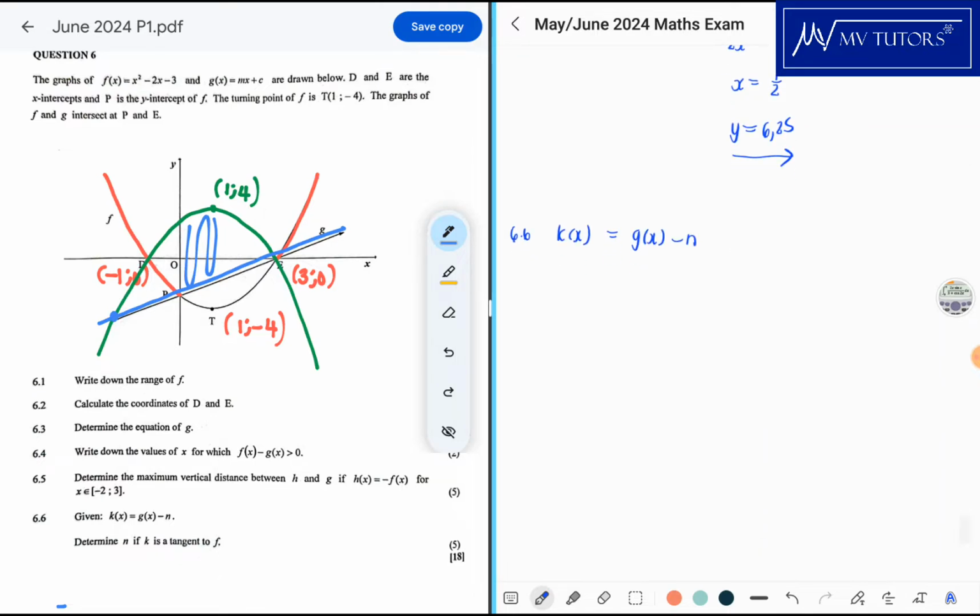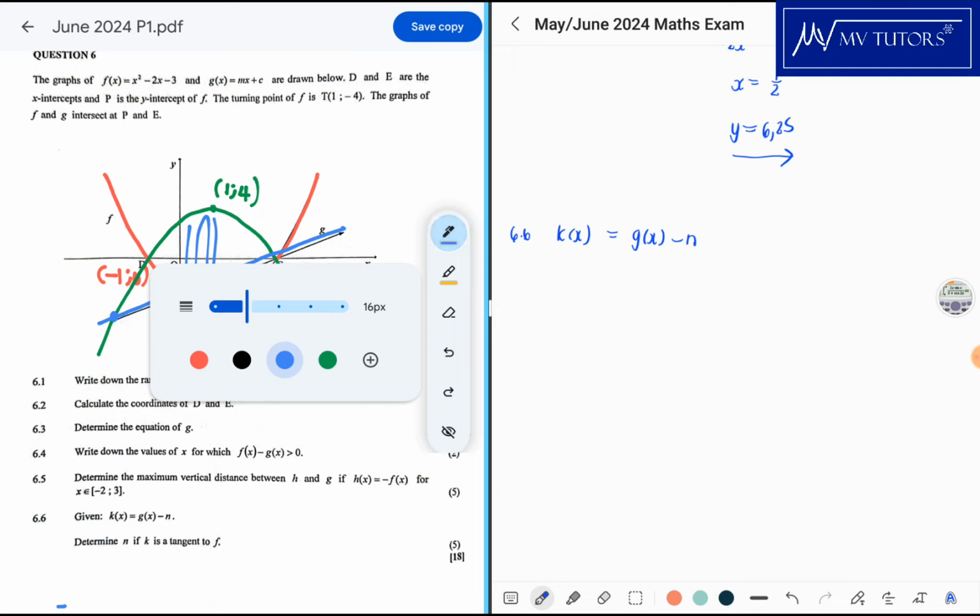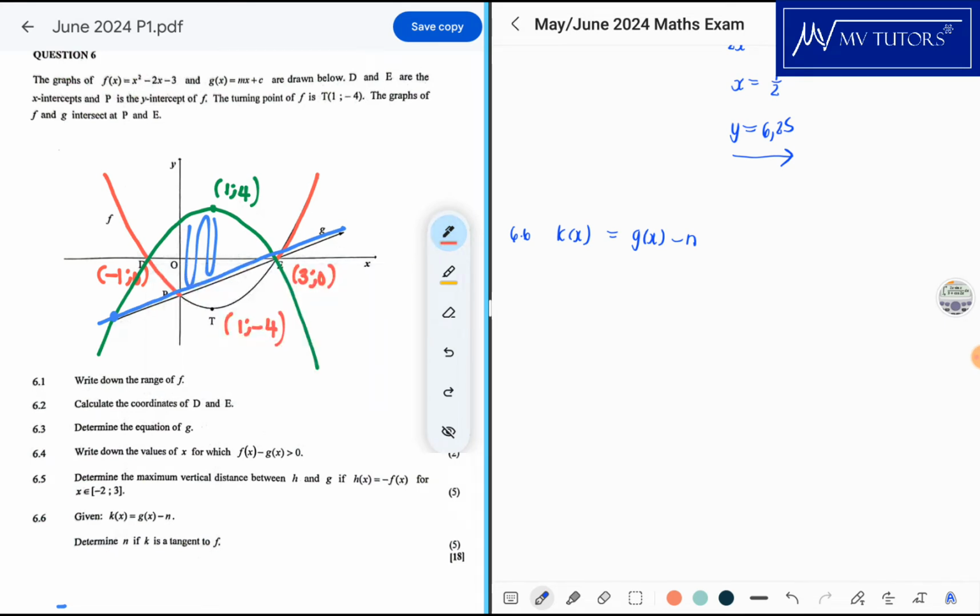The only way I see it being a tangent to f, let me use a red line, is if you shift it downward, and it becomes probably something like that. It was minus n, so it is already a downward shift. So the value of n that we're going to get has to be positive. If it was gx plus n, then the n that we're calculating should be negative.